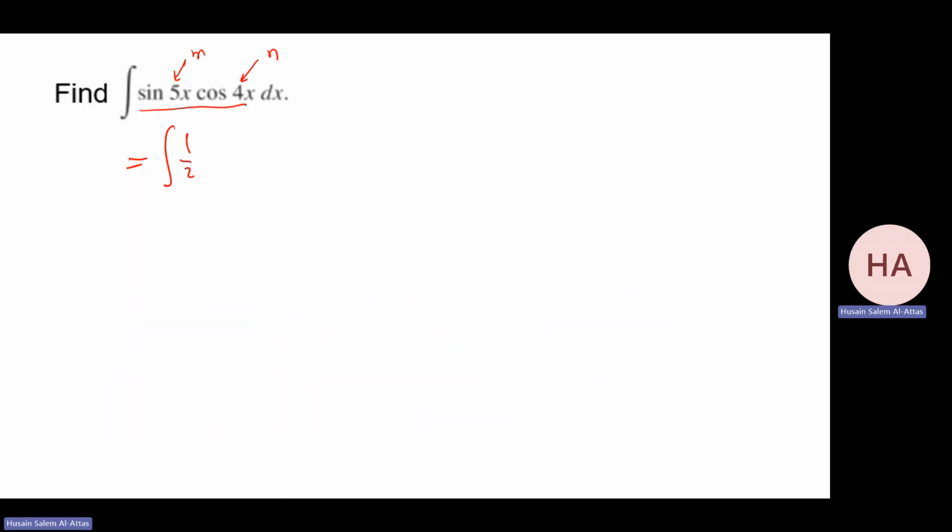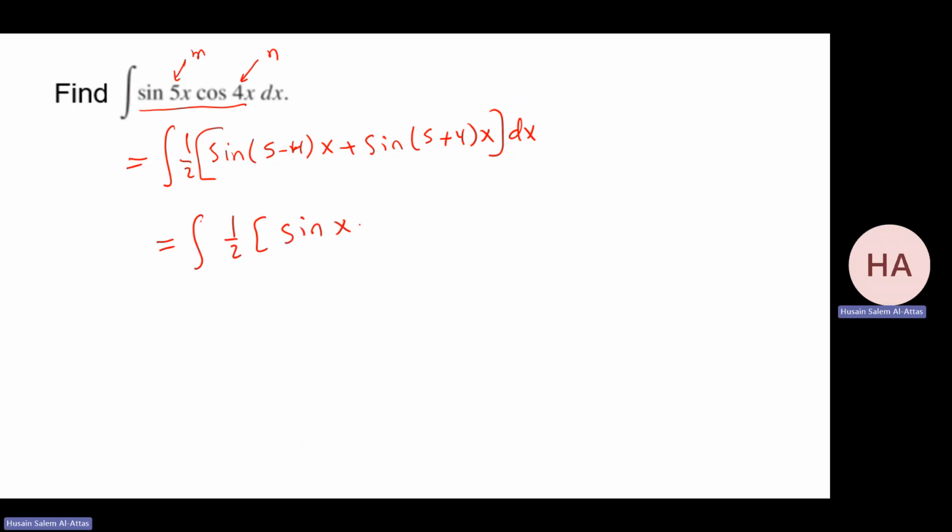So I have half of sine the difference, 5 minus 4x, plus sine the sum, 5 plus 4x, dx. That is the integral of half of sine x plus sine 9x dx. Now I can do the integration. That will be minus half cosine x.